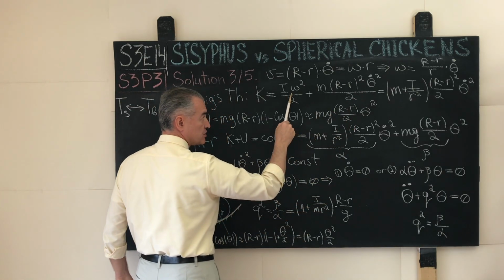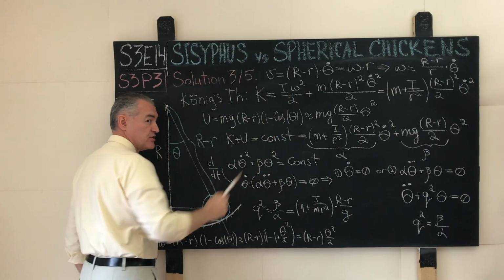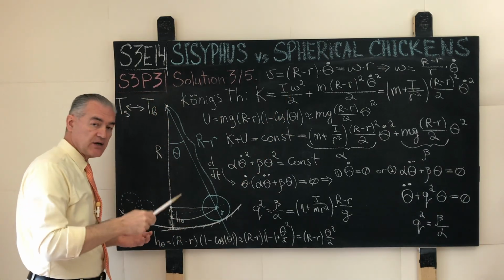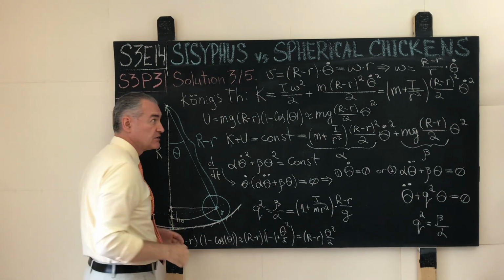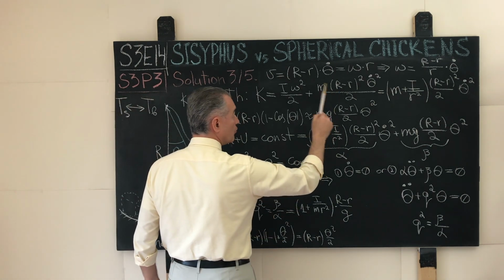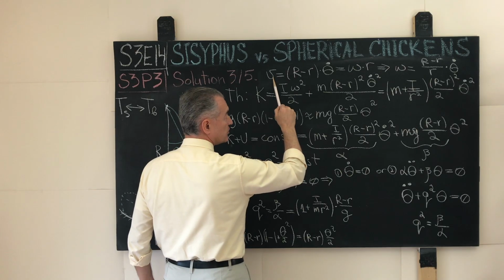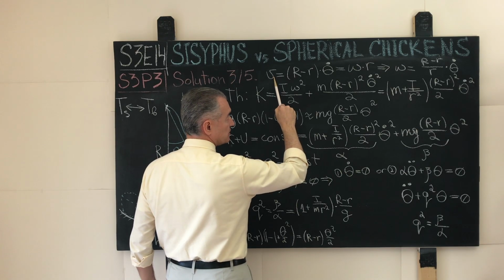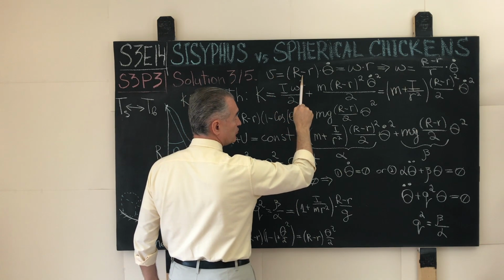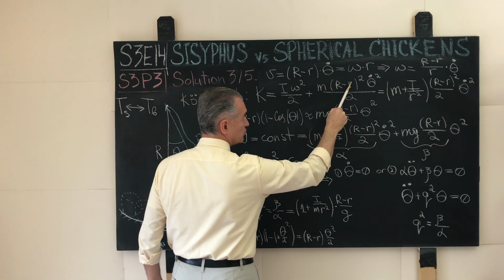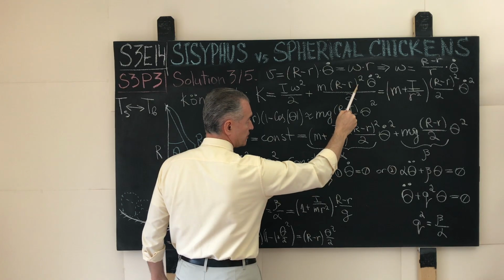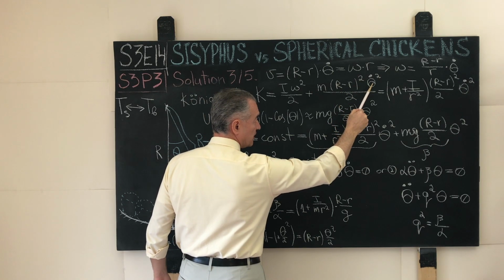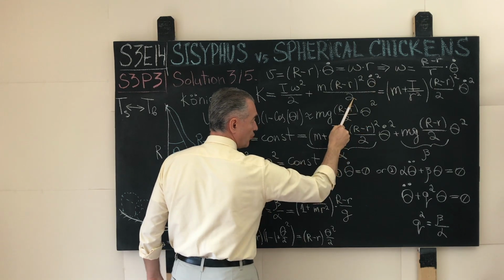So the rotational part of the kinetic energy is a traditional moment of inertia times omega, the angular velocity squared, over 2, plus mv squared over 2. V is the linear velocity, but we take the linear velocity from this expression over here. So this comes into here. It's the same thing: uppercase R minus lowercase r squared times the first time derivative of theta squared, of course, over 2.